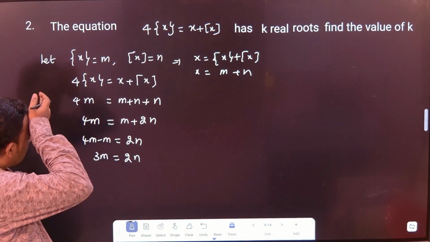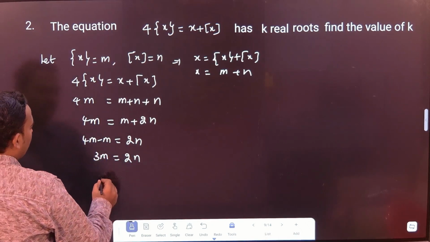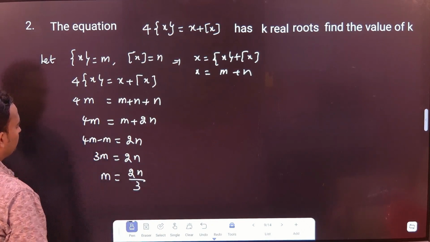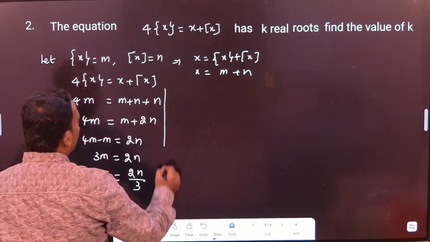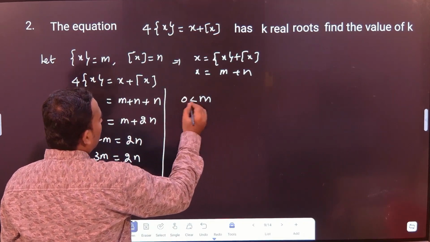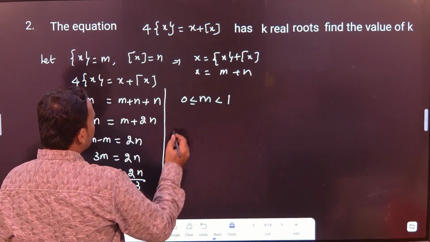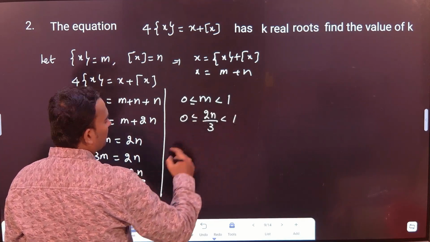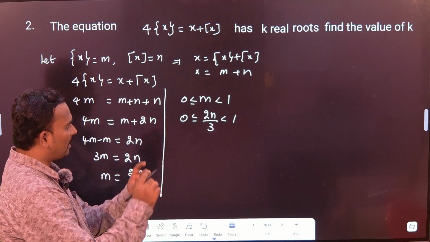I hope everyone understands, right? So we need m in terms of n, 2n by 3 you'll get, right? But you know that the range of m is what? 0 to 1. What is m? 2n by 3, you can substitute. You can find the n range, the n values, right?